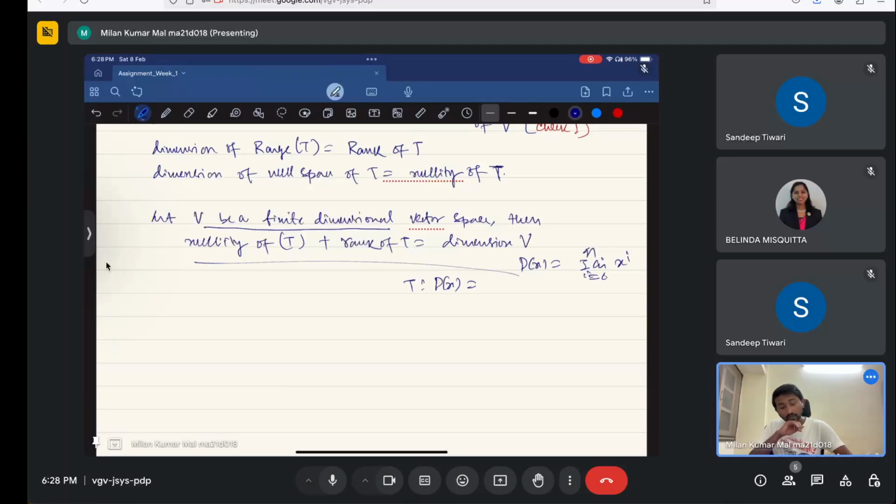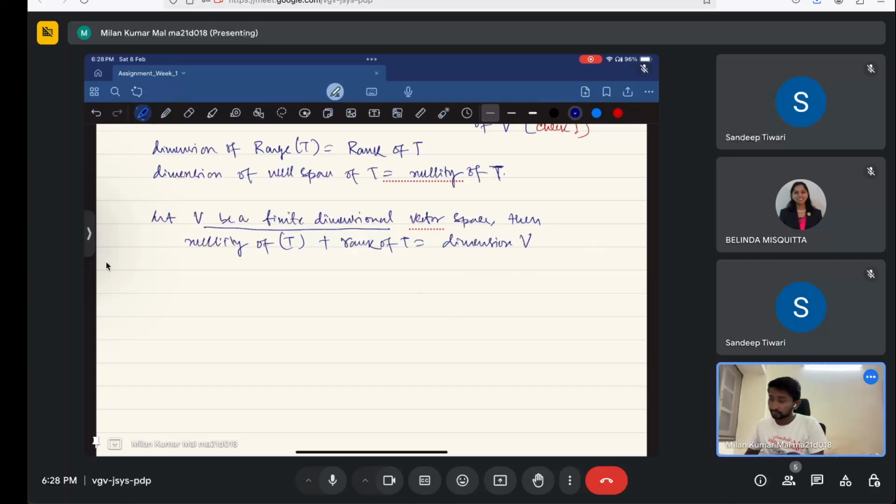So T on p(x) just gets the first element. In that case, the range is finite dimensional, but the null space is not finite dimensional. Range space dimension is 1. So one can't write this one because the dimension of V in that case is infinite. So nothing can be said this way. Okay, so this is the theorem.